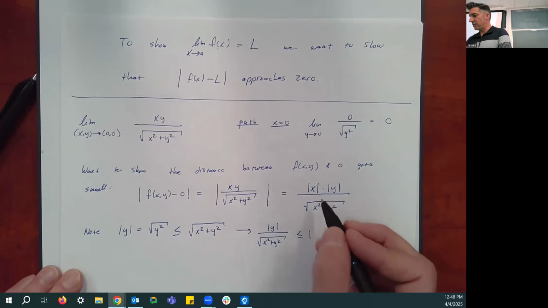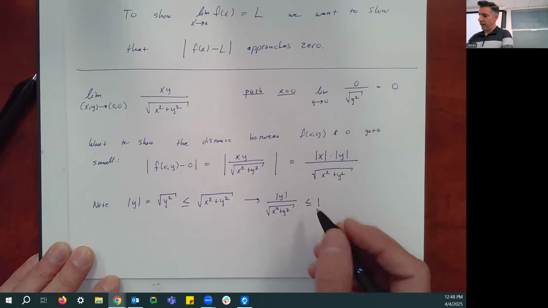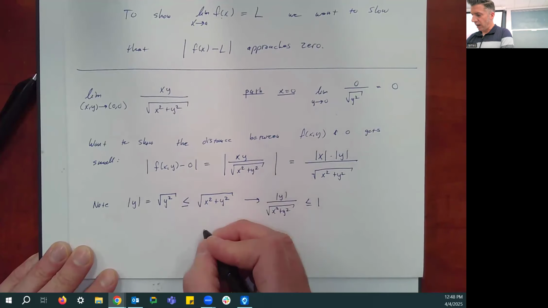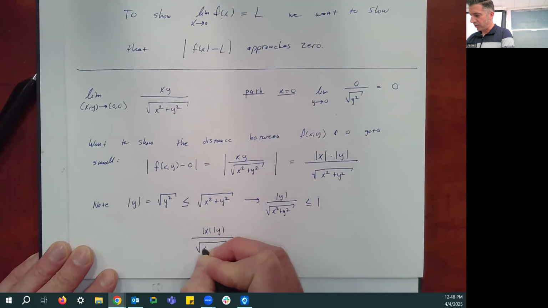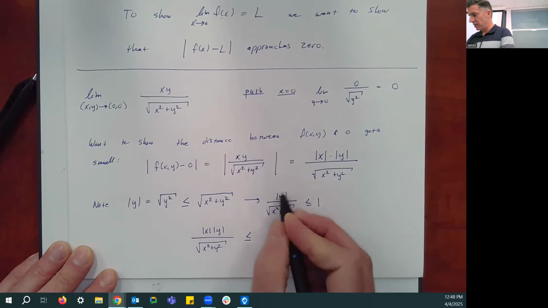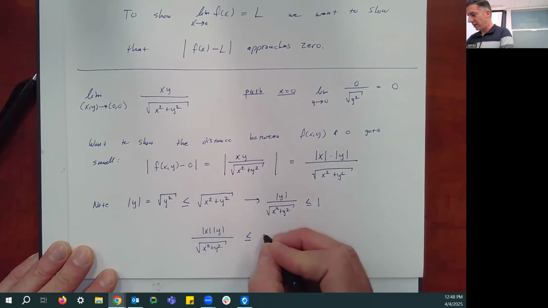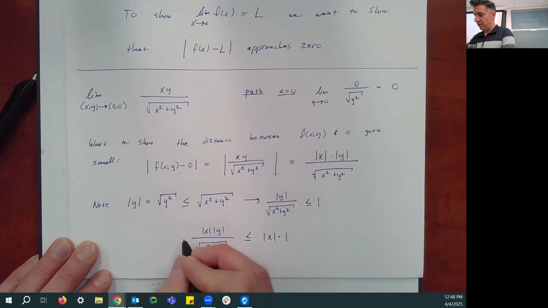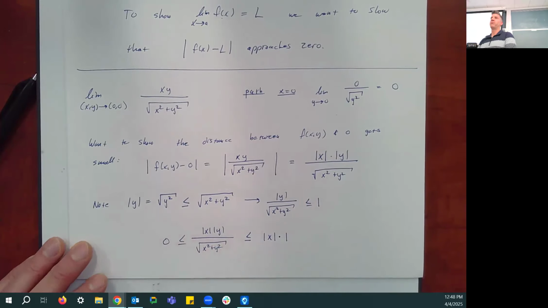So then we're going to take this expression and rewrite it: the absolute value of x times the absolute value of y over the square root of x squared plus y squared is certainly less than or equal to this part times my absolute value of x. And it's certainly bigger than or equal to 0. Has to be bigger than or equal to 0, right?